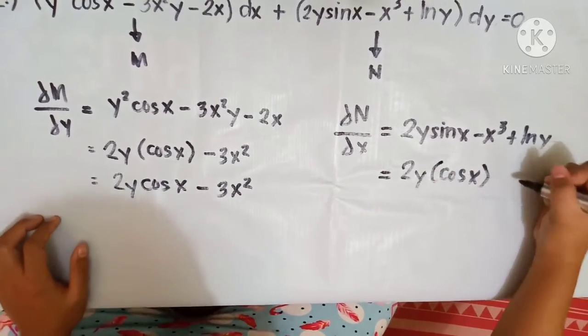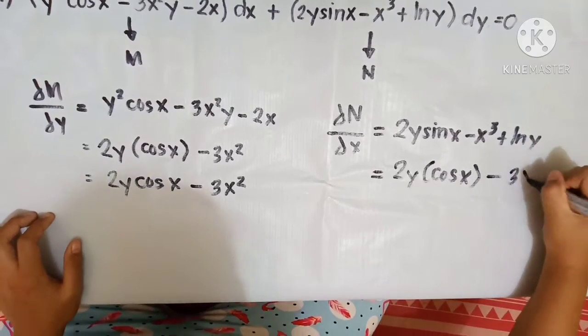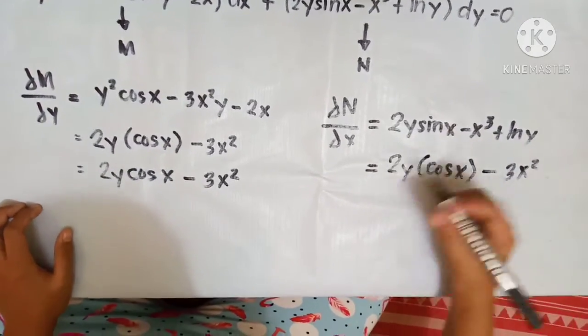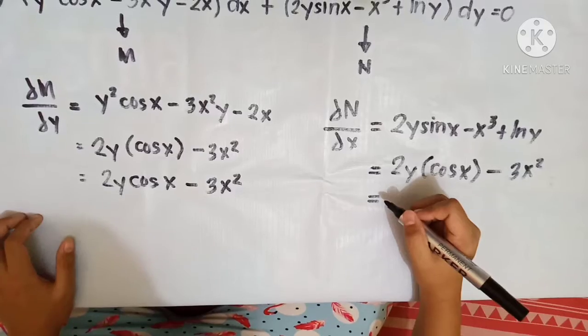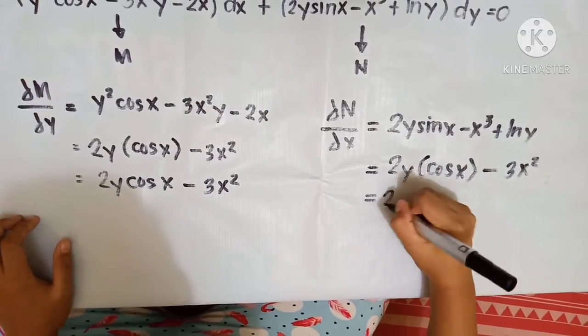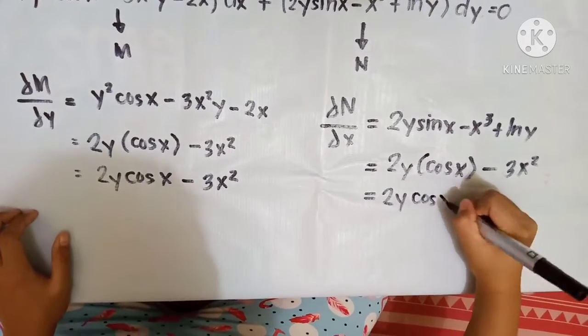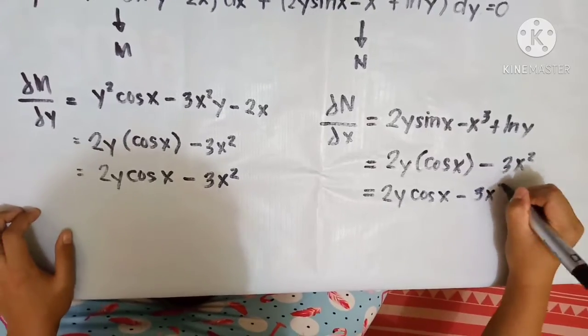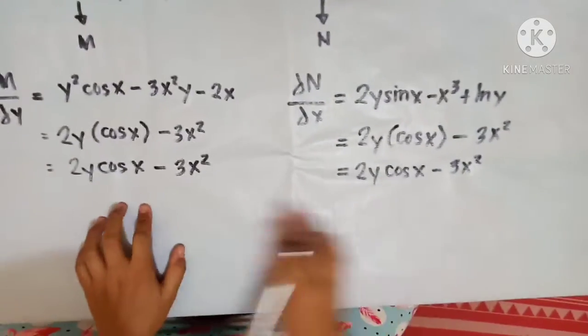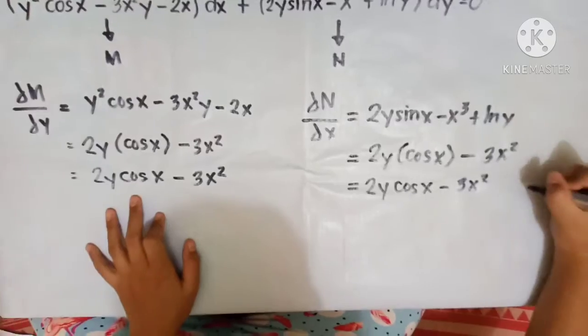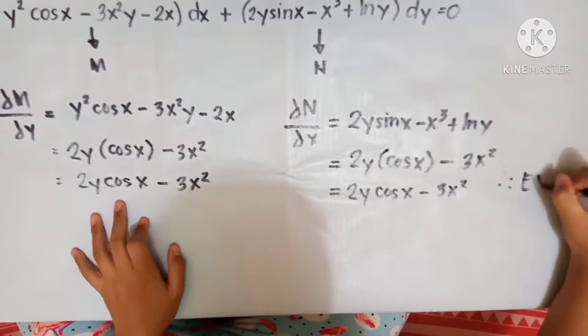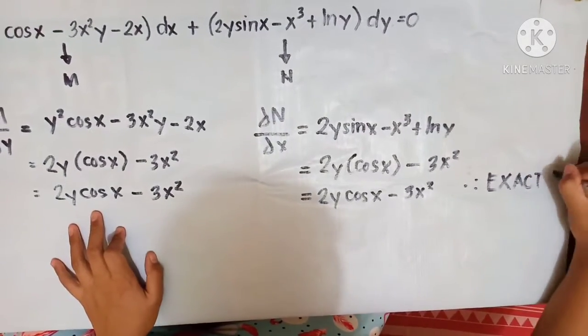And x cubed will be 3x squared and ln y will become 0. So our partial derivative of n in terms of x is 2y cosine x minus 3x squared. So since these two have the same answer, we can conclude that this is an exact DE.